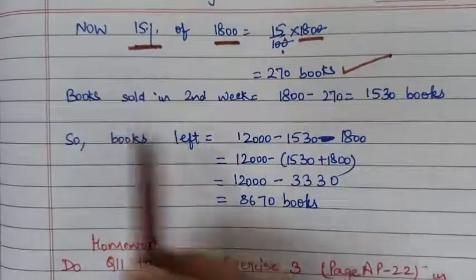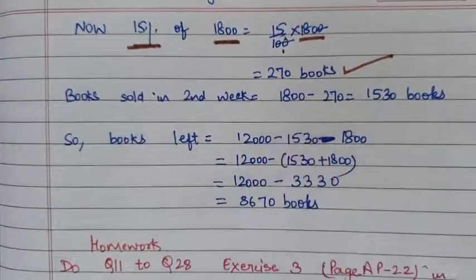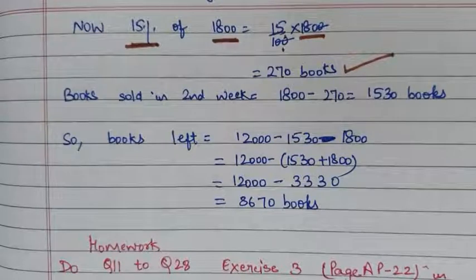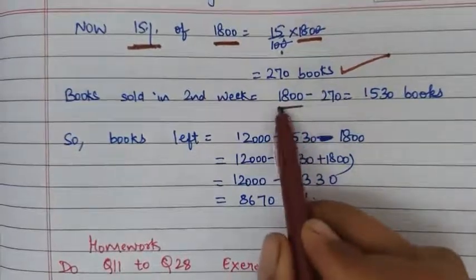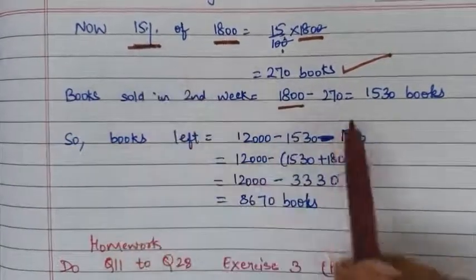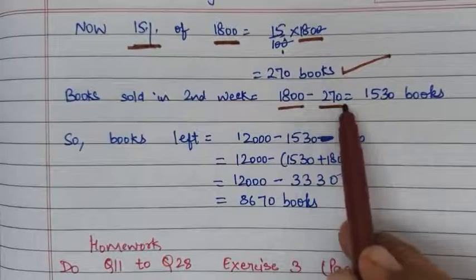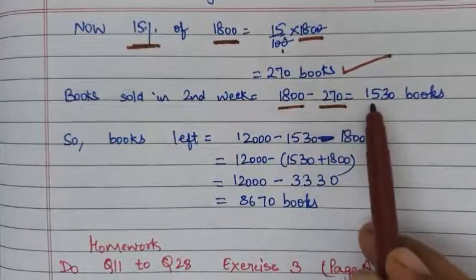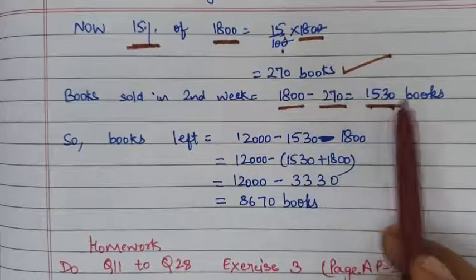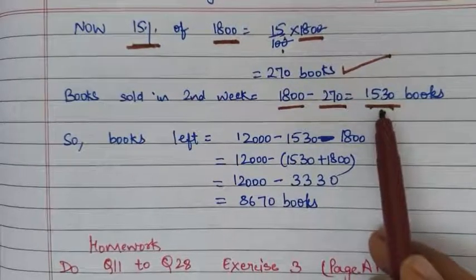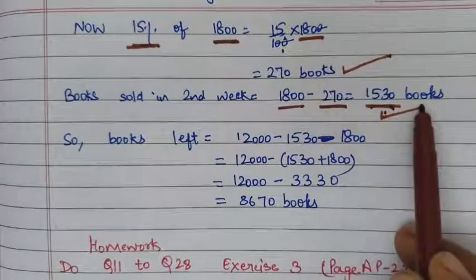Now, already in the first week of April the books sold were 1800. Now, 1800 minus 15% of 1800, so these will be the books sold in the second week of April.